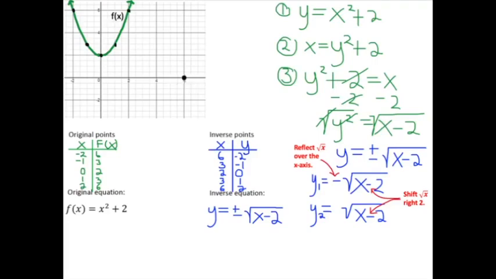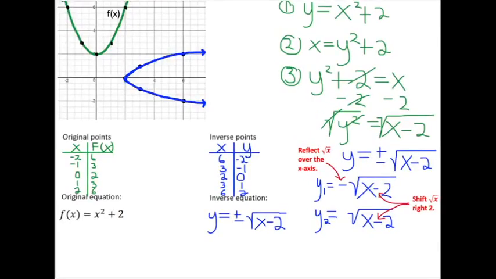So we have the point 6, negative 2, 3, negative 1, 2, 0, 3, 1, and 6, 2. We're going to go ahead and connect those points. And so here's our graph.